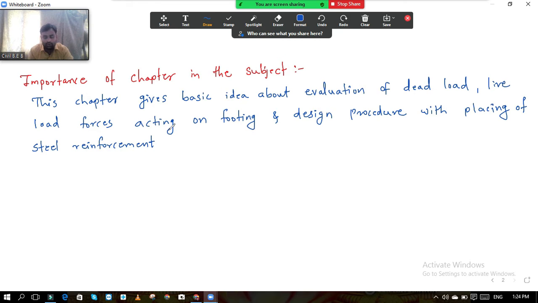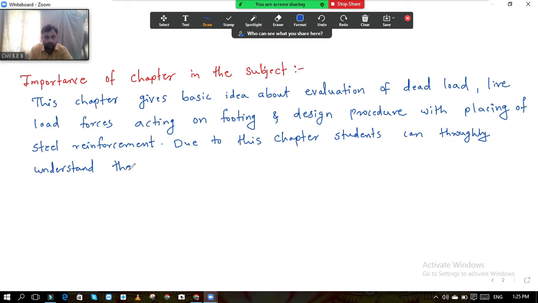Due to this chapter or unit, students can thoroughly understand the concept of isolated footing.